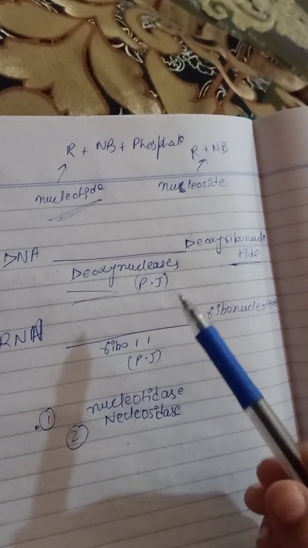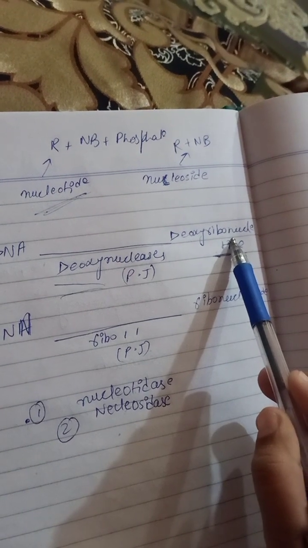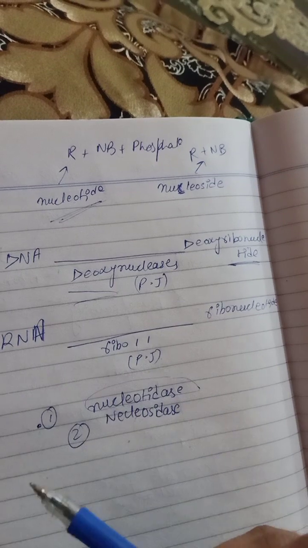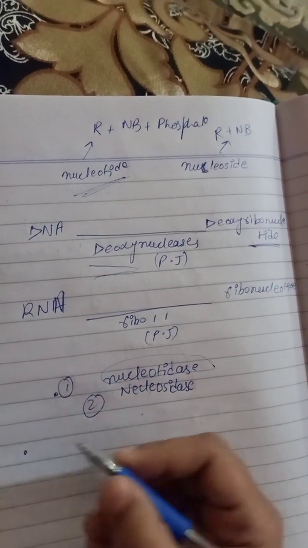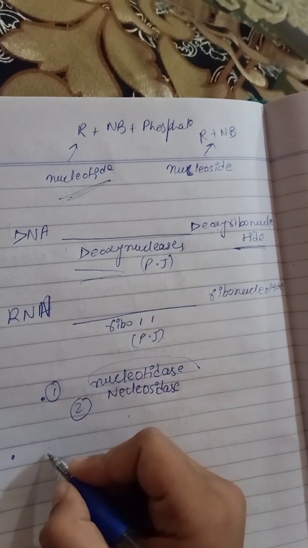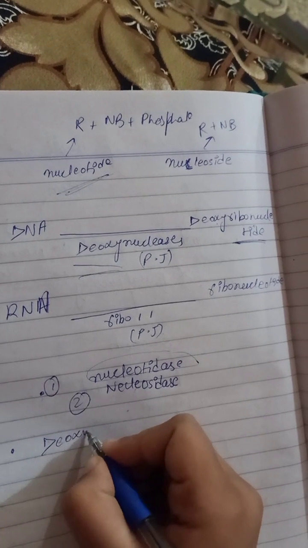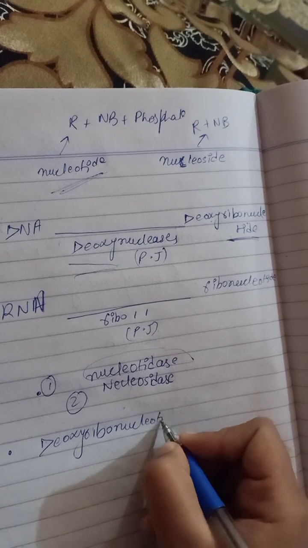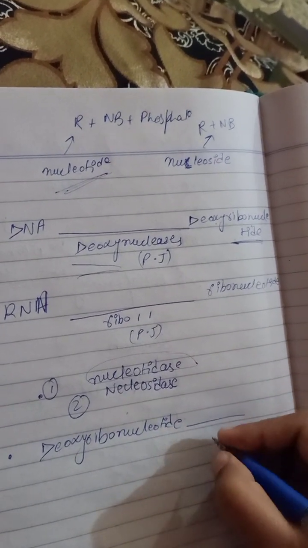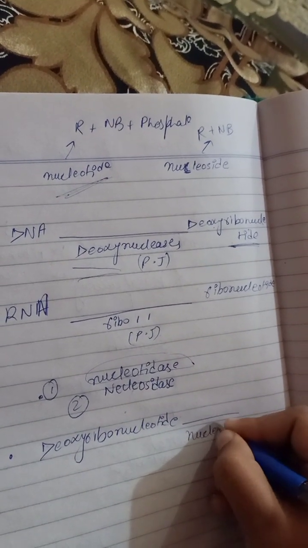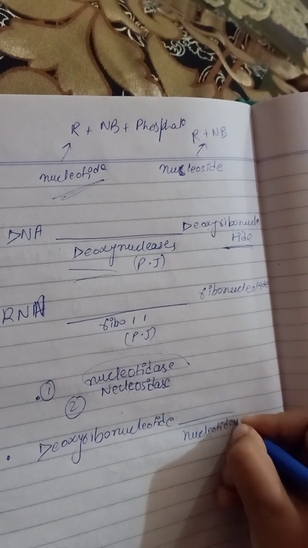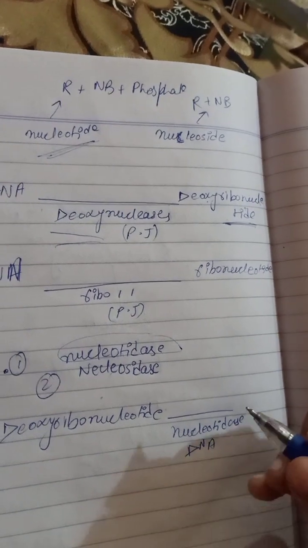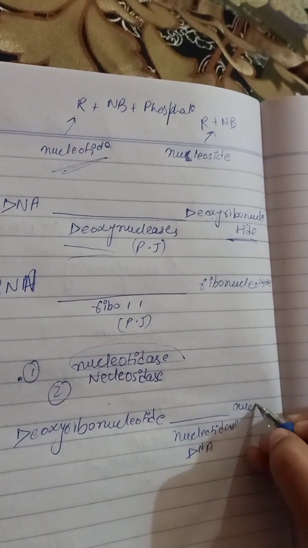Further, the nucleotide will break down into the nucleoside in the presence of this intestinal enzyme. Let's see here: deoxyribonucleotide will further break down by the nucleotidase, DNA nucleotidase, into the nucleoside.